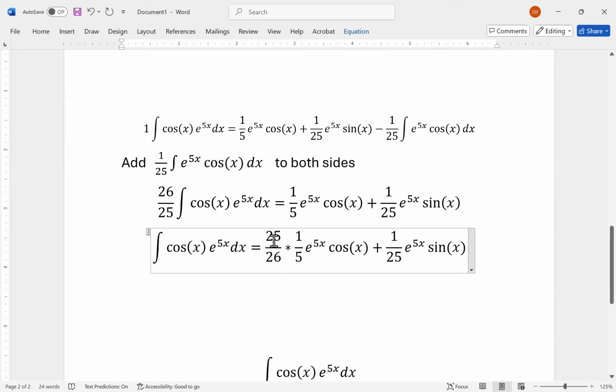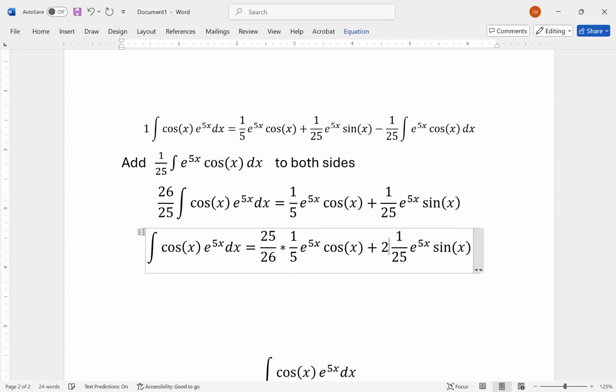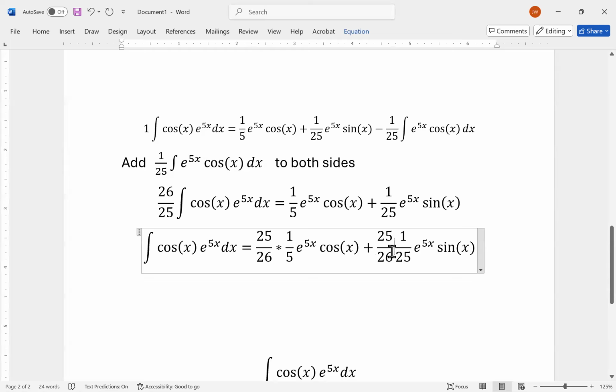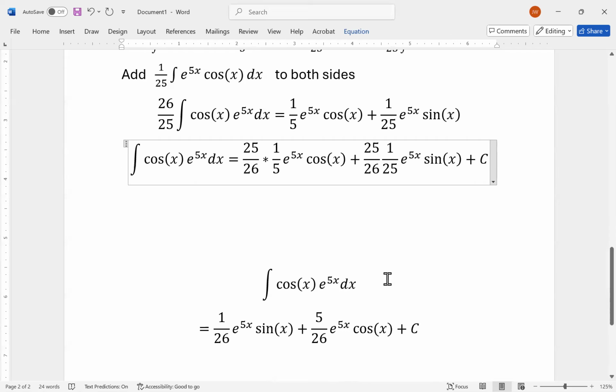This 5 and the 5 will cancel, so you get 5 over 26 as your coefficient of e to the 5x cosine of x. And then when I multiply 25 over 26 there, I'm going to get 1 over 26 times e to the 5x sine x, and then tack on a plus c, which is exactly what we got here. We got 5 over 26 e to the 5x cosine of x, and then 1 over 26 e to the 5x sine x plus c.